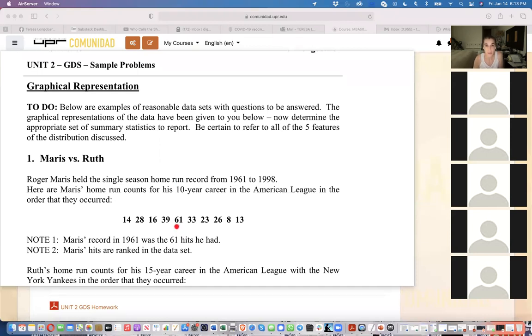Okay, so it was 61 home runs. And he held that record for a long time until recently.